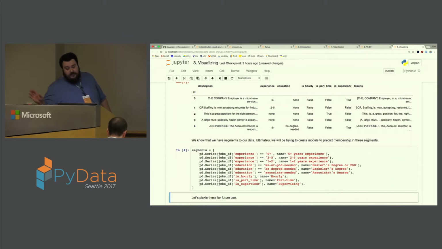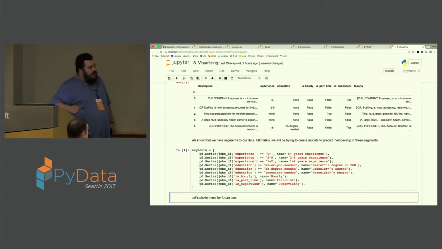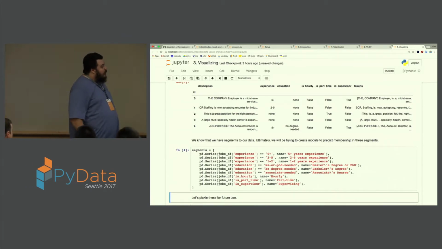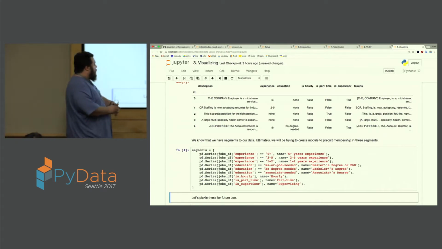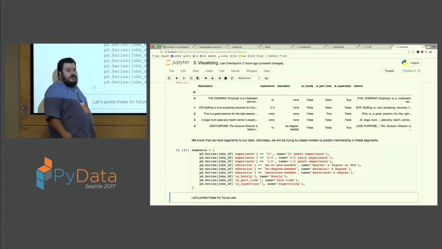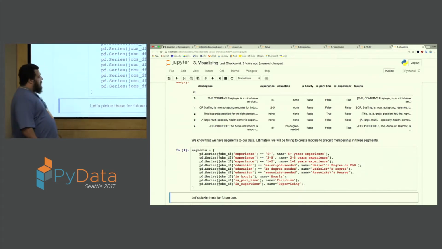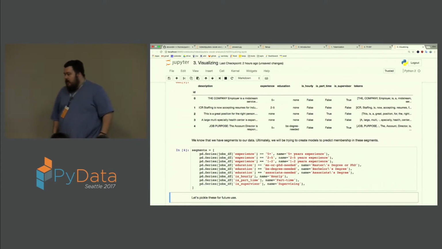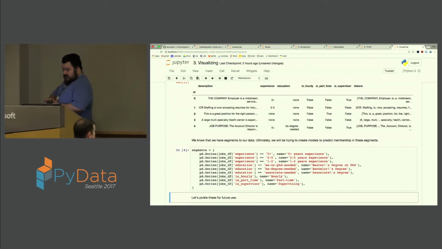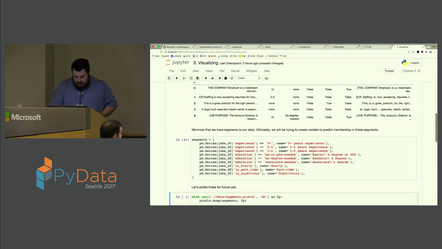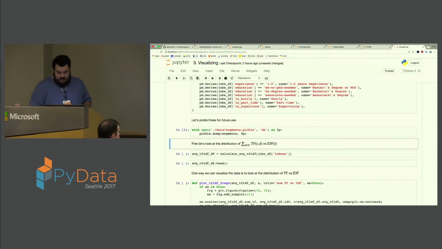So I'm just going to build these filters that we're going to use later on, just pandas indexes. So really what's coming out of all these is a list of pandas series of Boolean values. Let's continue on. We're going to save these for future use.